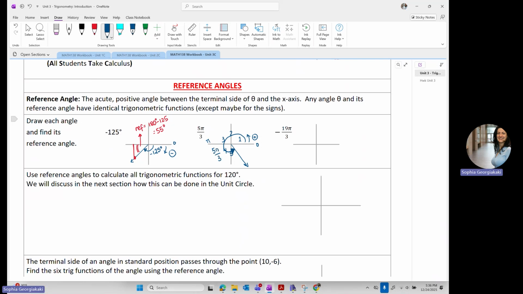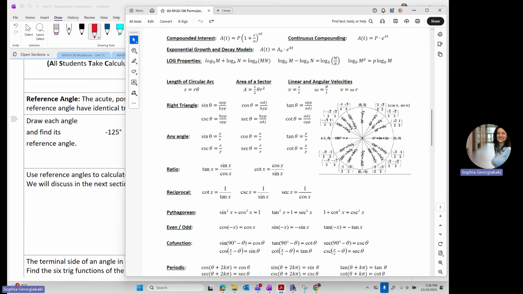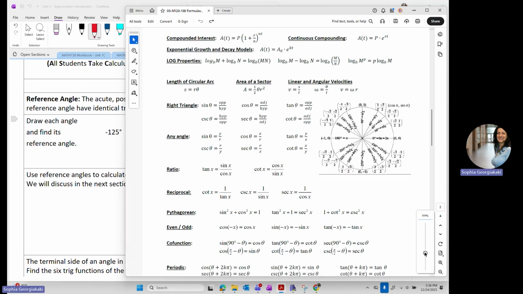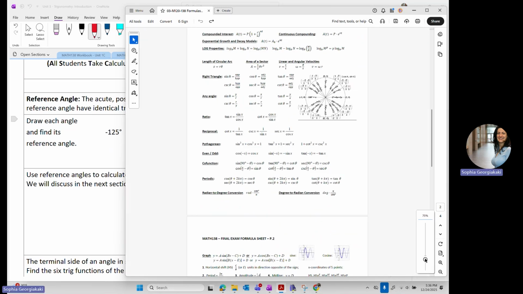The reference angle of this angle is the acute angle in quadrant 4 that I make with the x-axis, and this is 60 degrees, or pi over 3. So if I pay attention to the trigonometric numbers of 5 pi over 3, let's see if I can zoom in a little bit.